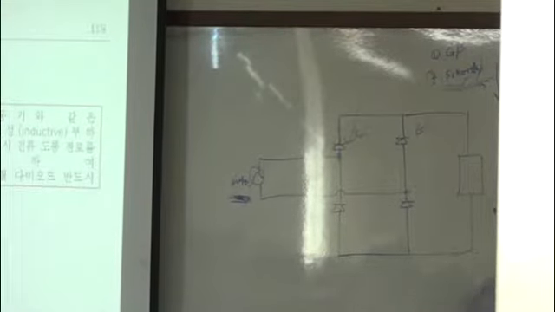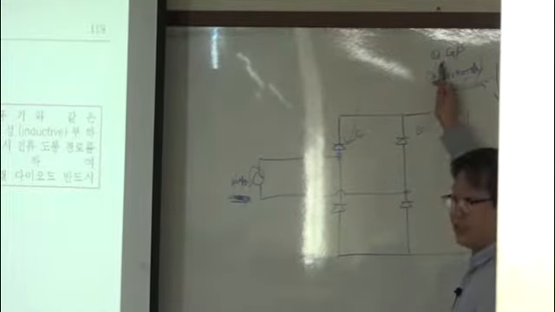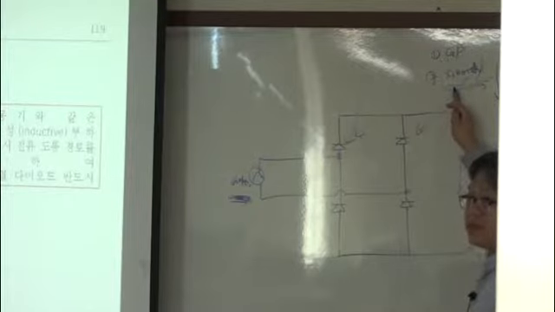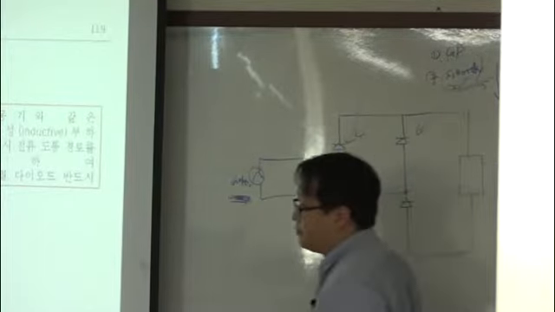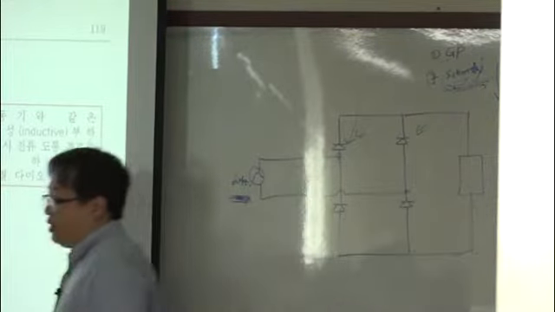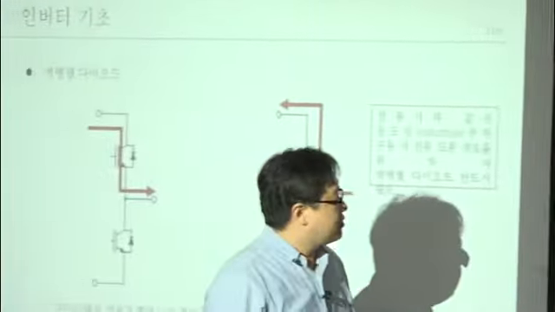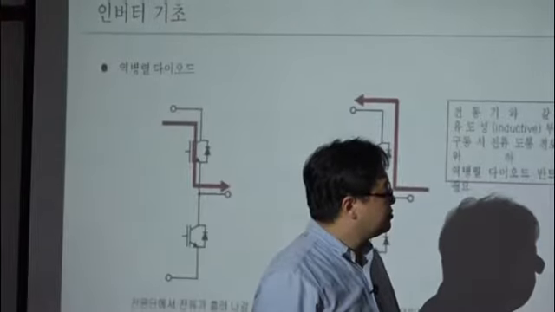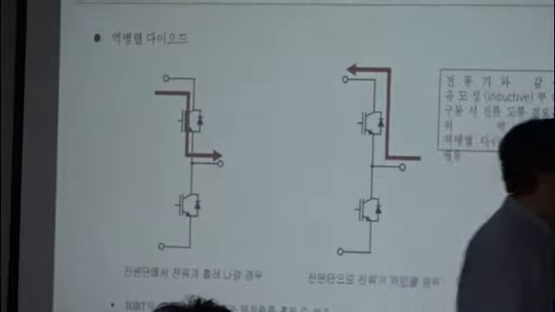Then what about the price? This is the cheapest. This one is what? Expensive. This is what? Between GP and Schottky. Okay.